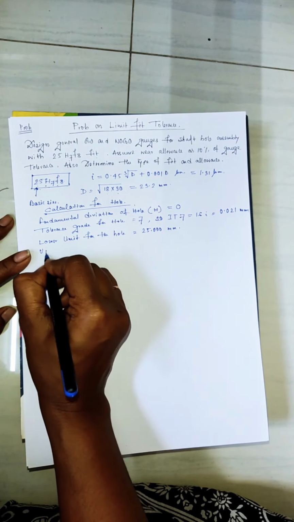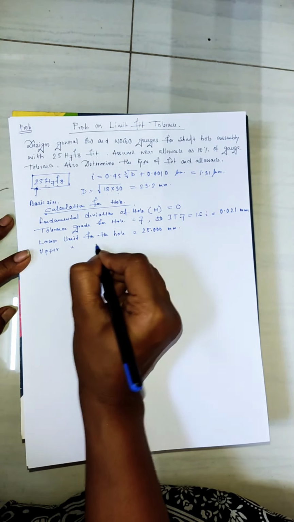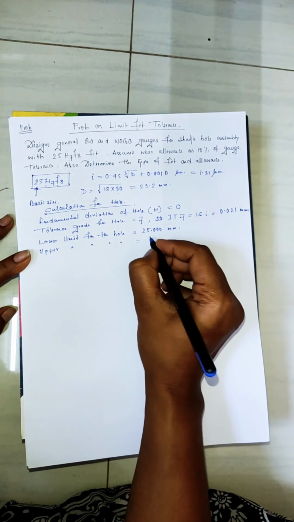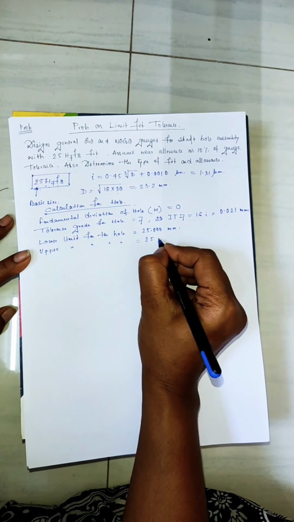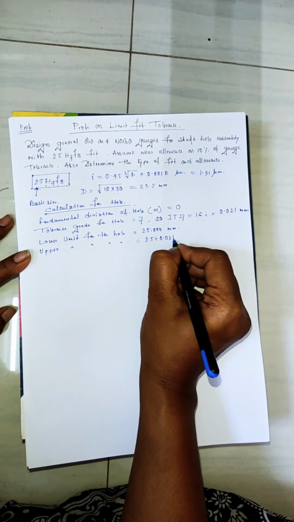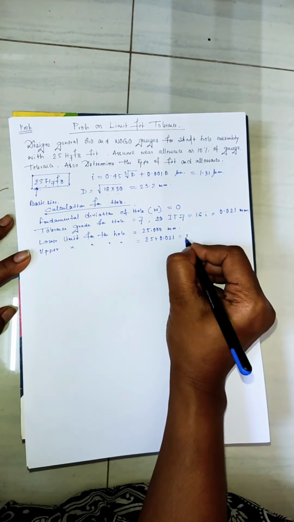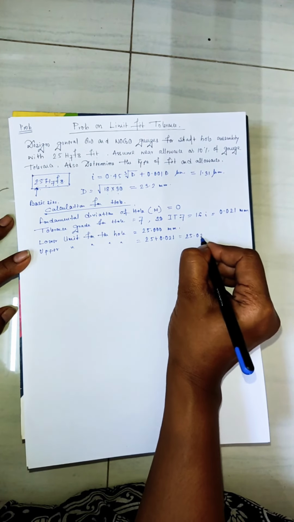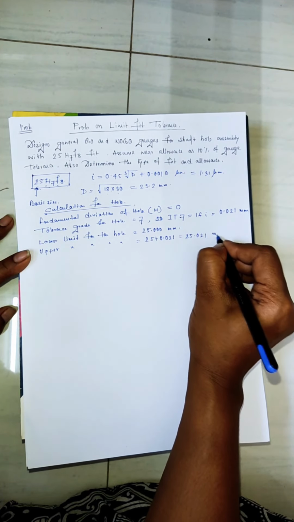And the upper limit for the hole is equal to 25 plus 0.021, that is equal to 25.021 millimeter.